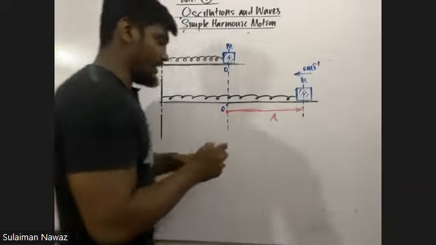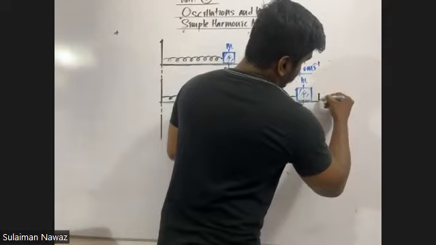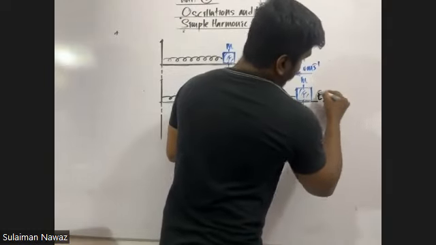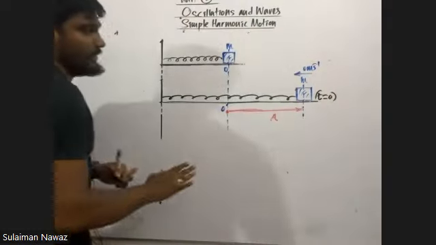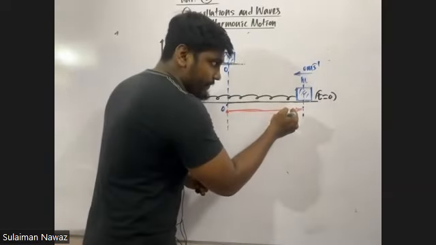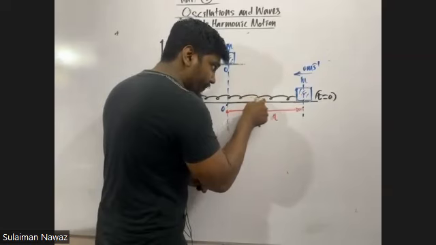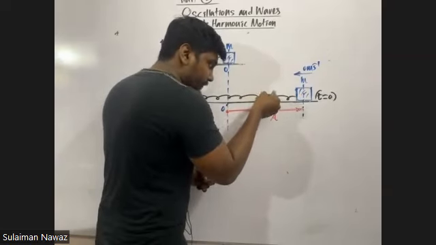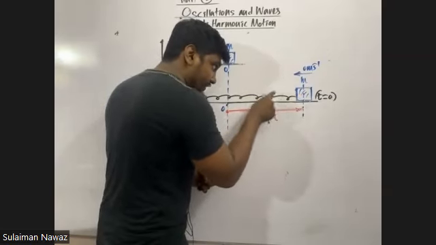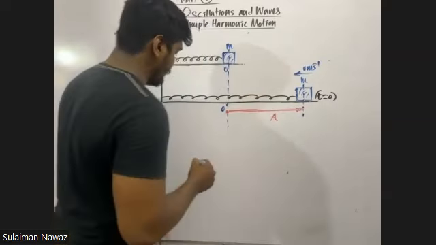When t equals 0, I release this object. Let's say after some time t, this object has come to a position somewhere here.